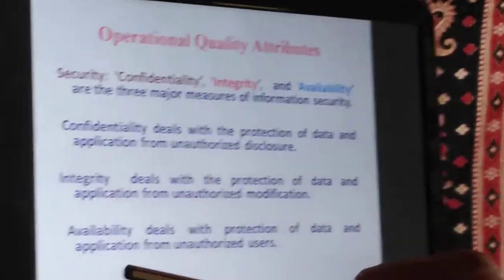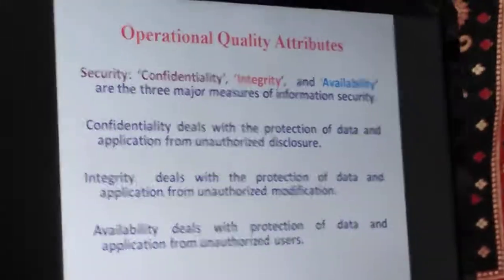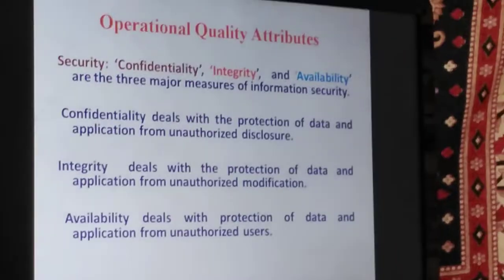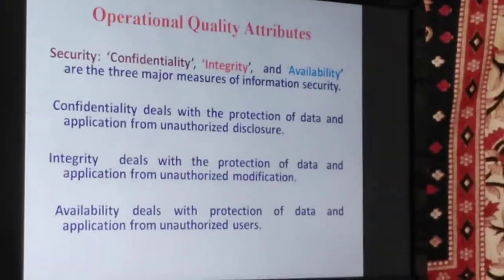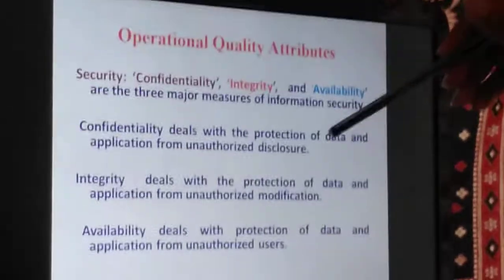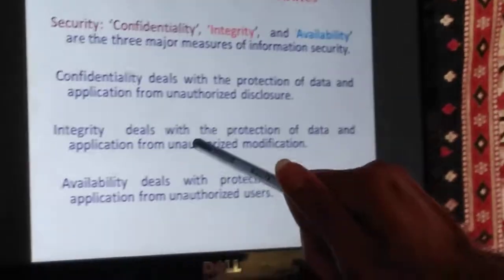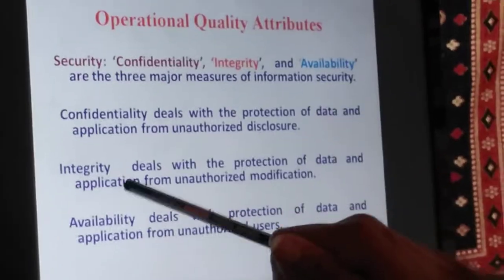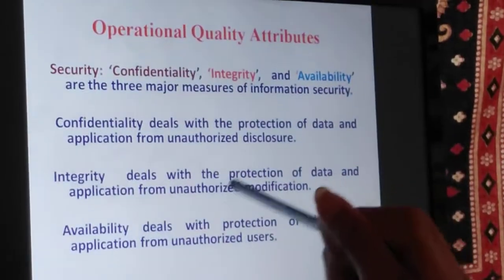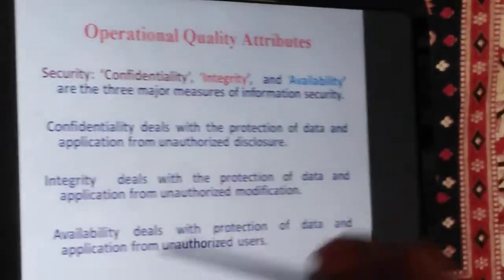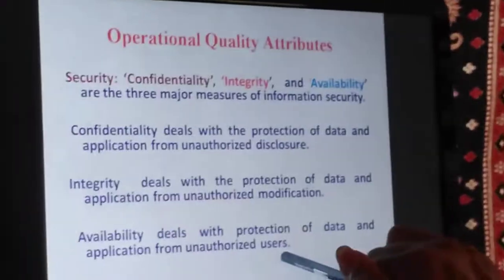Nowadays, most embedded systems, like handheld devices, mobiles, or any handheld computer systems, carry data that is very important, and sometimes we are using some applications also. Integrity deals with protection of data and application from unauthorized modification. Availability deals with protection of data and application from unauthorized uses.